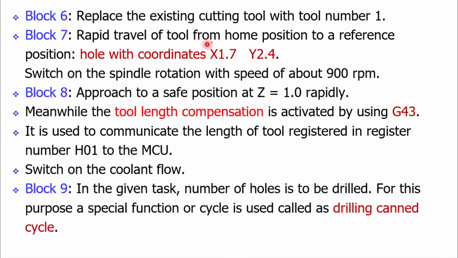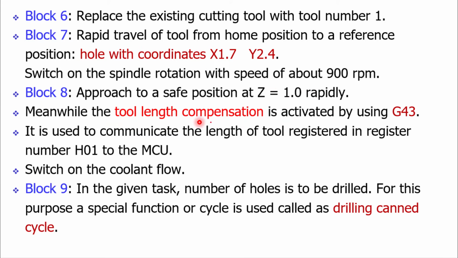Well, the meaning and significance of the next blocks can also be seen on your screen. So the block numbers 6 and 7 I have already discussed with you. So here we have to switch on the spindle at 900 RPM, and we have to approach the position Z rapidly.